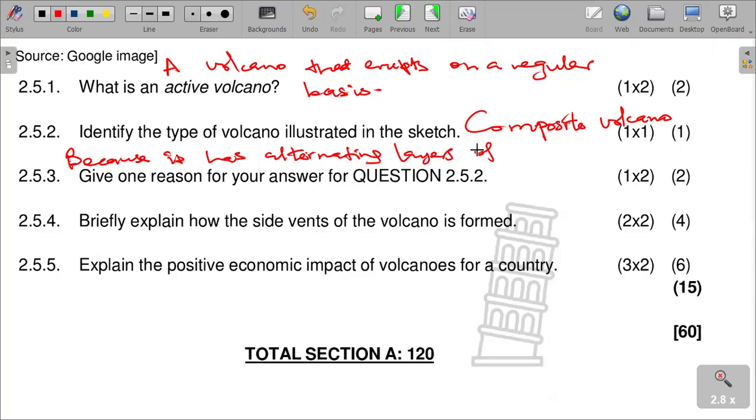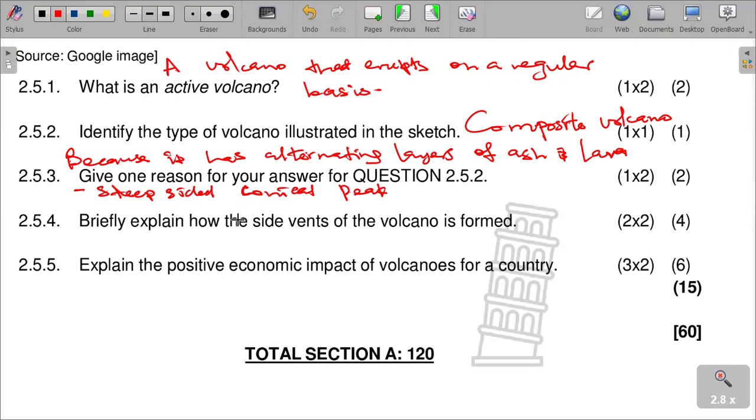And then the next point is to say that it also has a steep-sided conical peak that we can see on the diagram there.